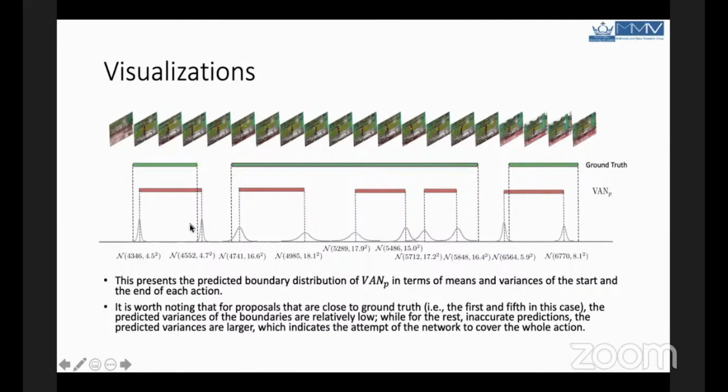It's worth noting that when the proposals are close to the ground truth, our predicted variances are relatively low, while for the ones that are a bit far from the ground truth, our variances tend to be larger. To say I'm not certain about the boundary, it indicates that our network is attempting to cover the whole action. It's consistent with what we talked about before regarding the uncertainty.